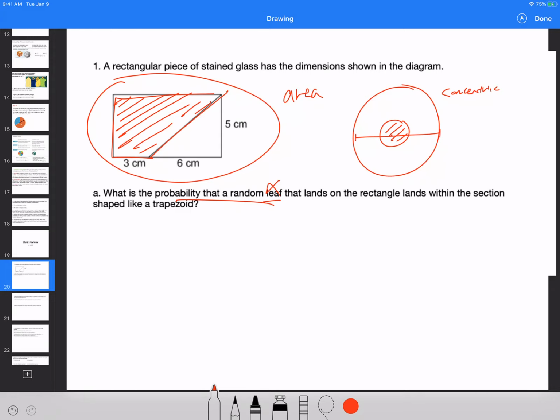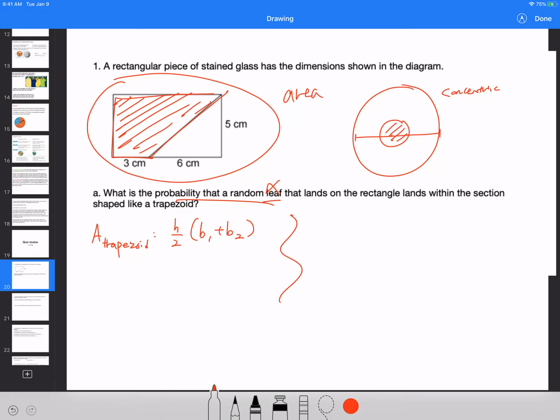Number one is that you can use the area of a trapezoid formula, which if you were to look up online, says it's h over 2 times base 1 plus base 2. And there will be variations of that.